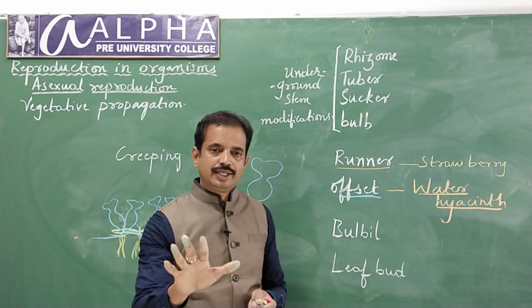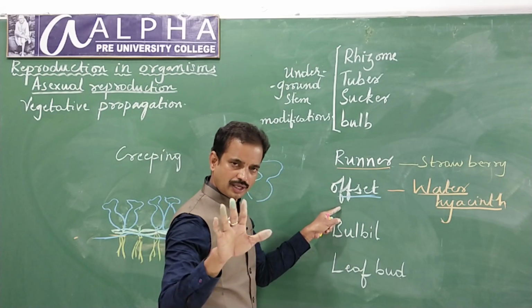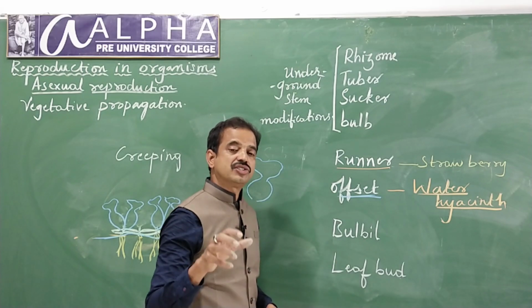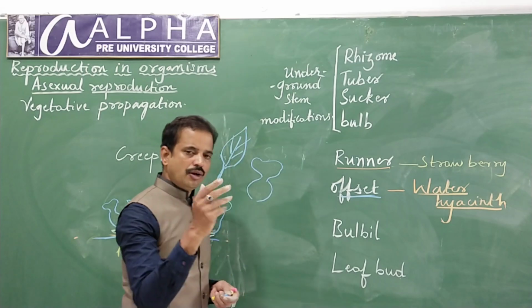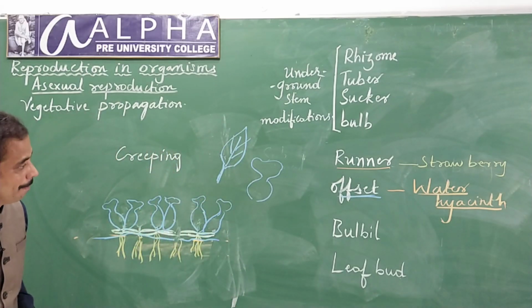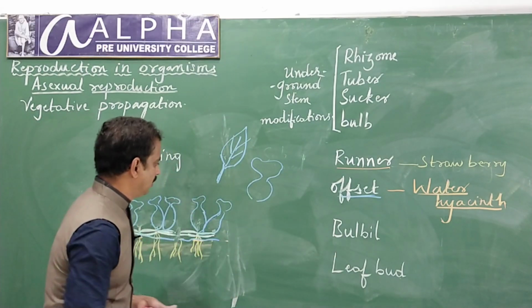Technically runner and offset are almost the same, but offset is seen in aquatic plants like water hyacinth, right students? So now let us go to the next example, that is the bulbil, right?